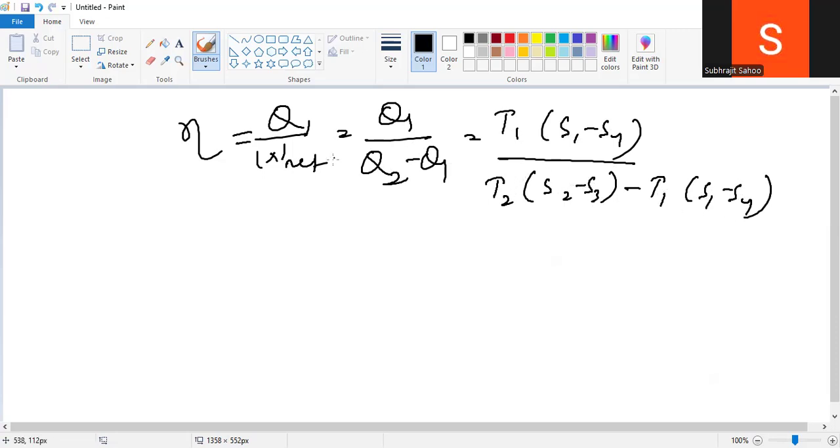Now, what I told in the TS diagram, okay, TS diagram, S1 equal to S3 and S2 equal to S4, right? S2 equal to S4.